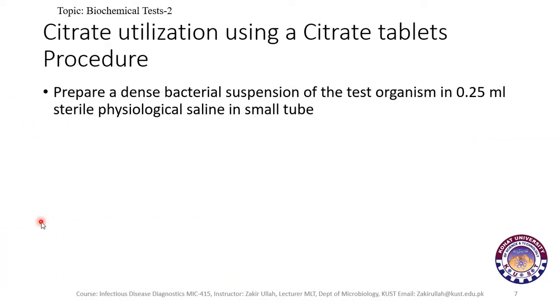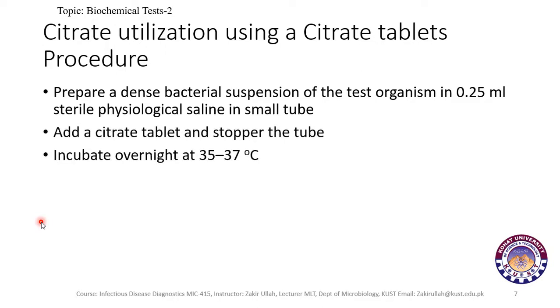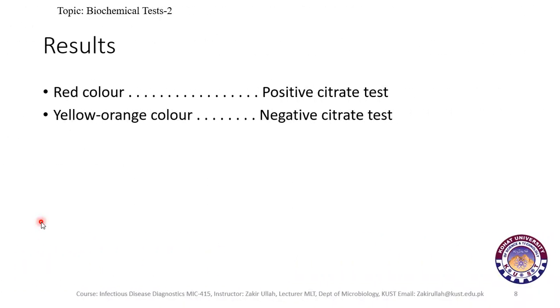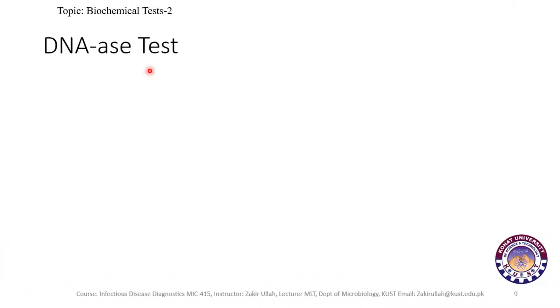In the citrate utilization test using the tablet procedure, the citrate tablet is added to saline solution. This also shows a red color of the solution when citrate is positive, and if yellow or orange color is produced, then the citrate test is negative.